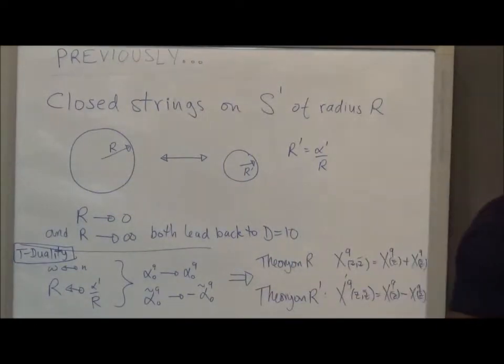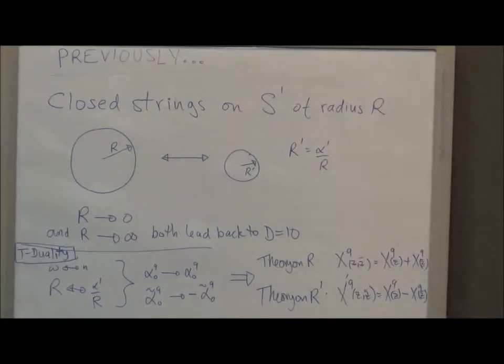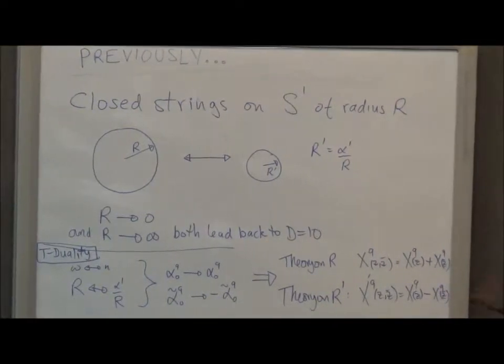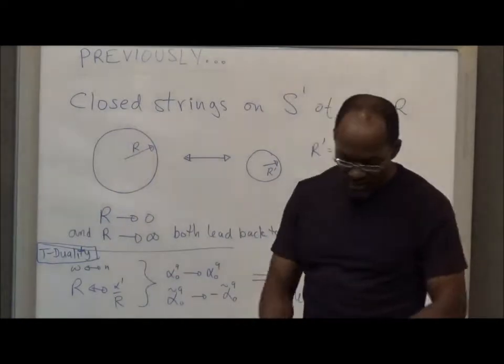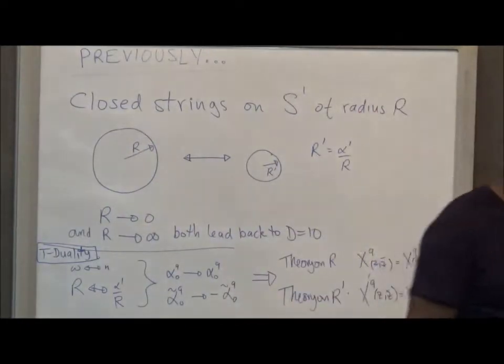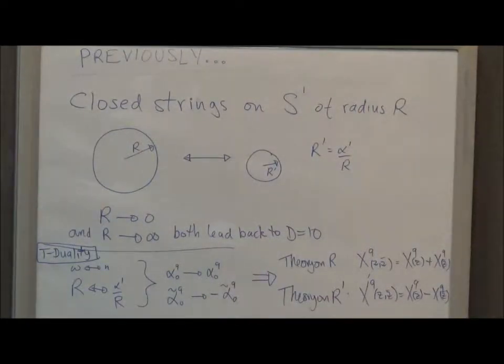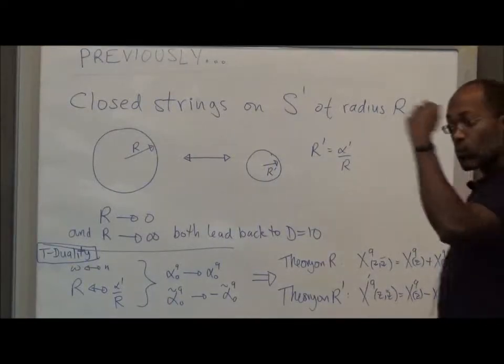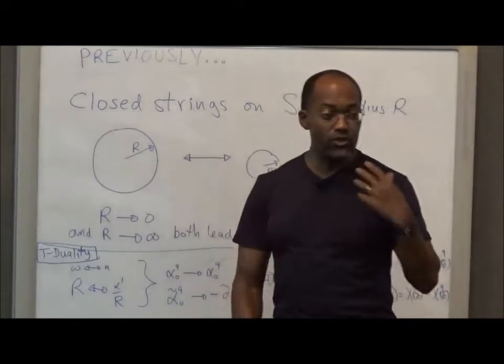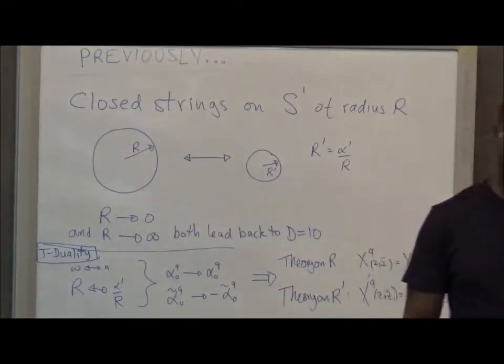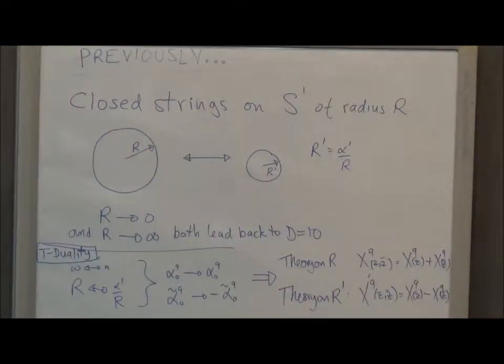There's the fact that I have momentum in that x9 direction, and x9 is now a closed box, so particle in a box tells you that it's quantized in units of 1 over R. But then I also have the fact that the string can wind around the circle, which is a new feature, different from the Kaluza-Klein story coming from the momentum sector.